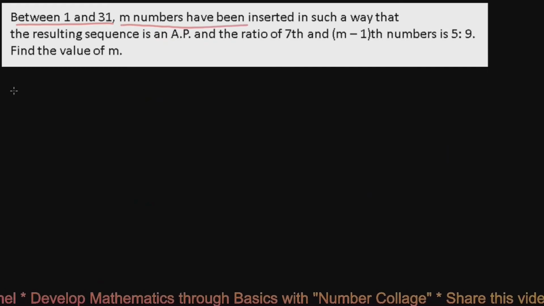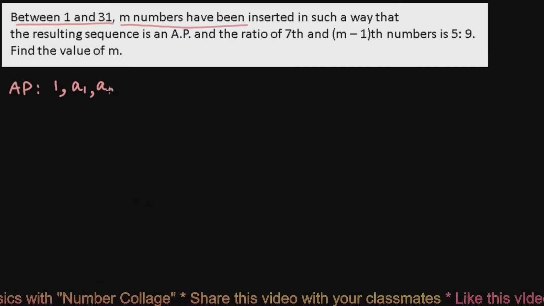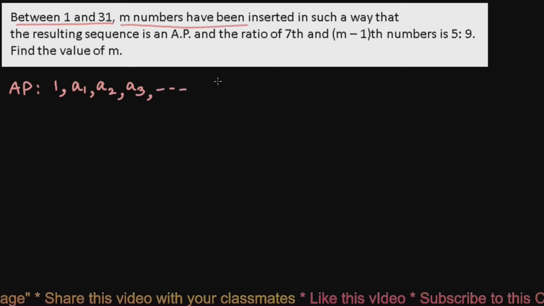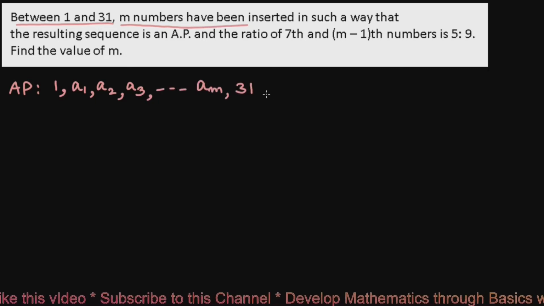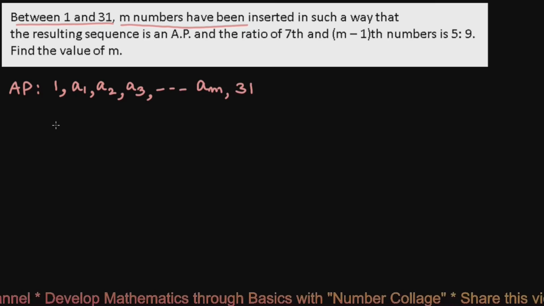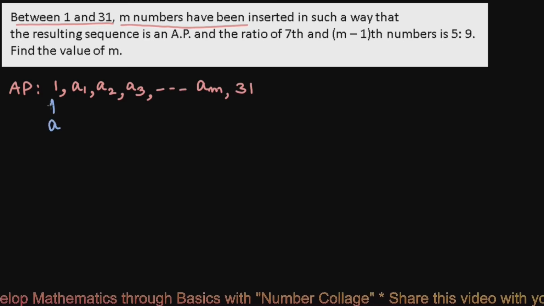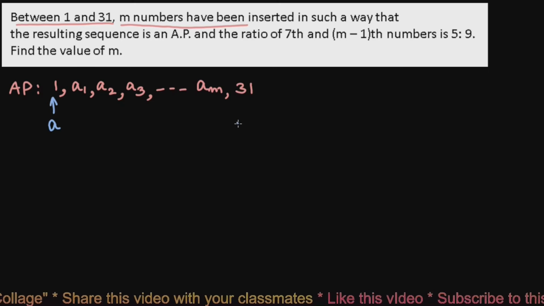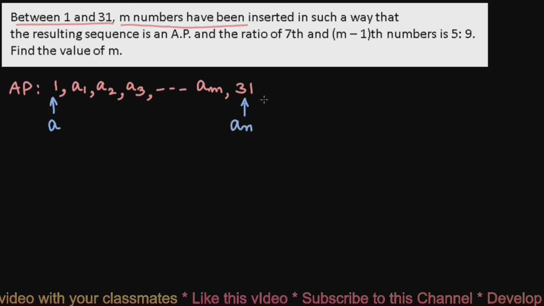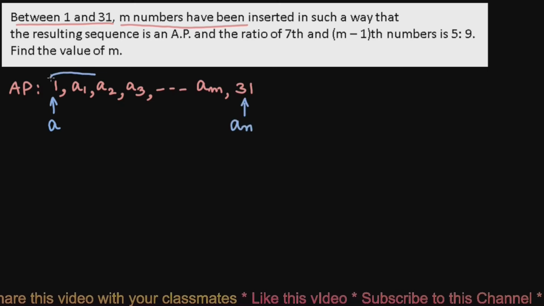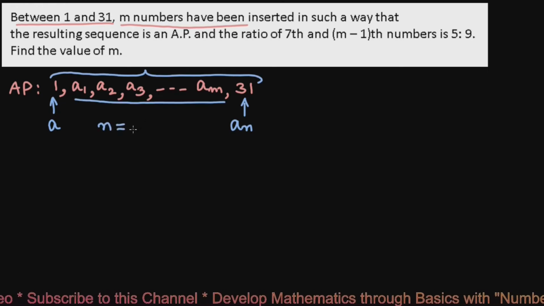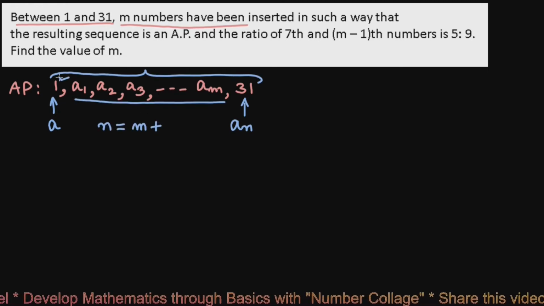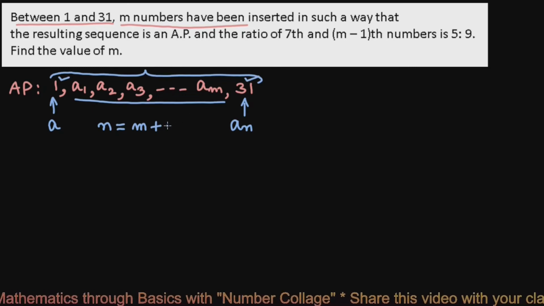So the AP will be 1, A1, A2, A3, so on and so forth, AM, and finally it will be 31. Now in this AP, the first term a is 1 and the nth term an is 31. Total number of terms in this AP, that is n, will be these m numbers plus this 1 and this 31, that is 2.